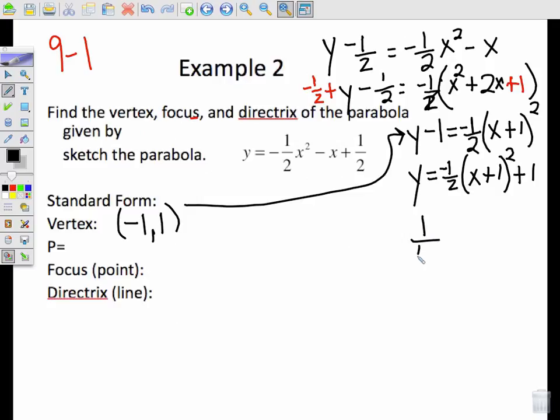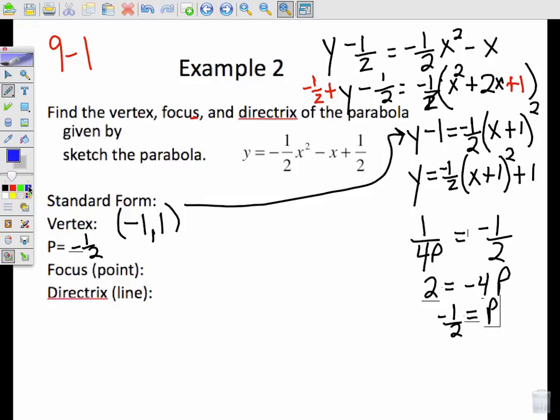So 1 over 4p is equal to negative 1/2. And I'm going to multiply this over, so this is 2 equals negative 4p. I'm going to divide by 4, so p is equal to negative 2/4, which is negative 1/2. All right, so that tells us how far away all of our parts are.